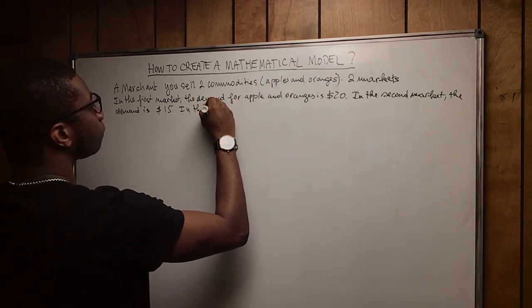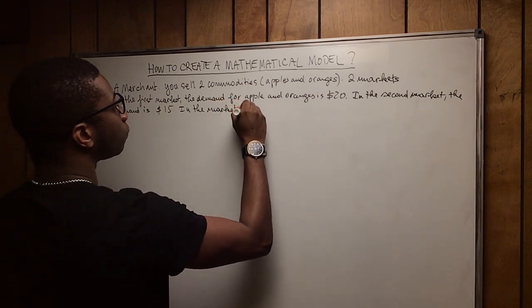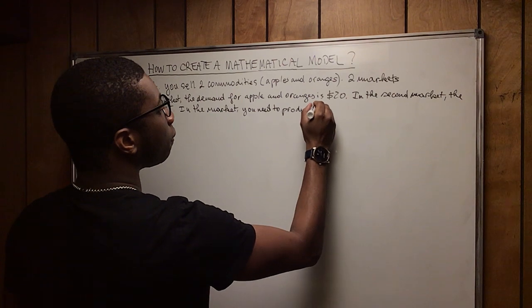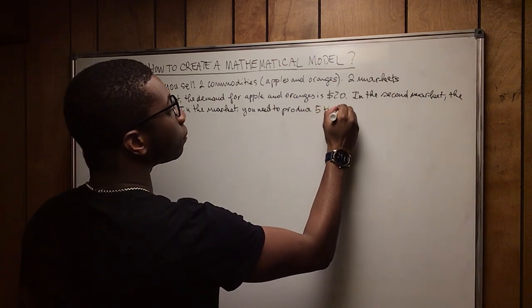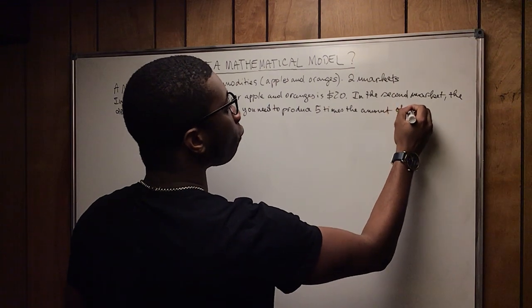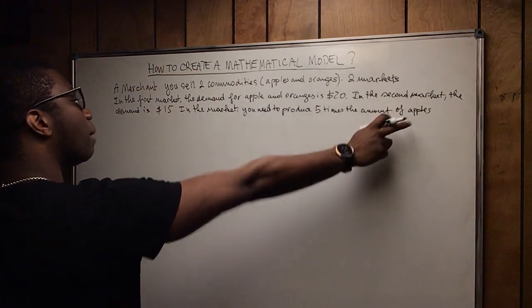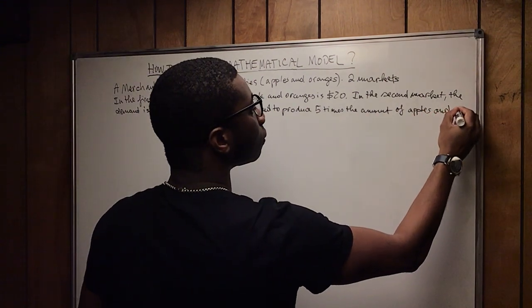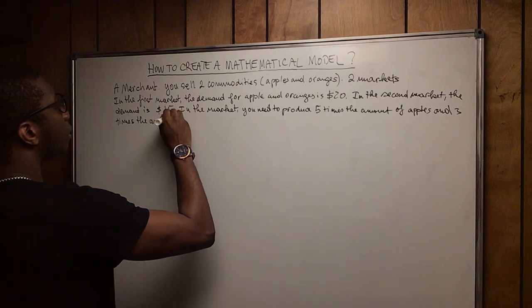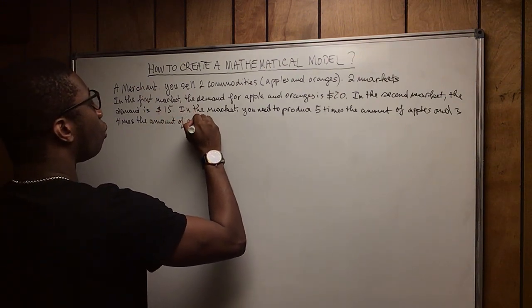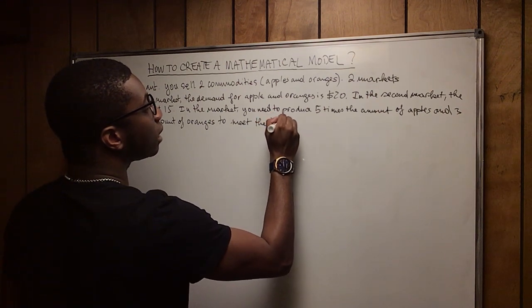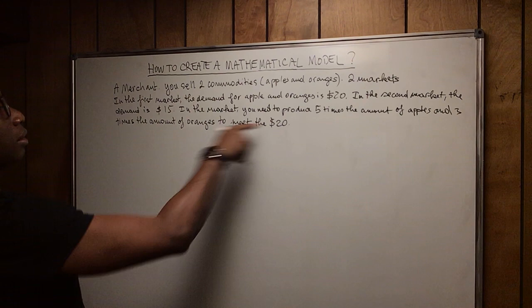So in the first market, you need to produce 5 times the amount of apples, my bad, and 3 times the amount of oranges to meet the $20 demand.